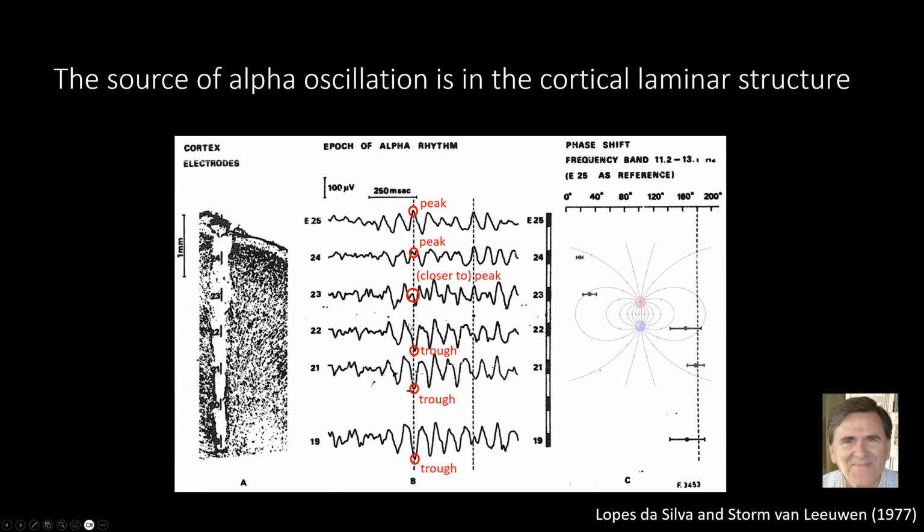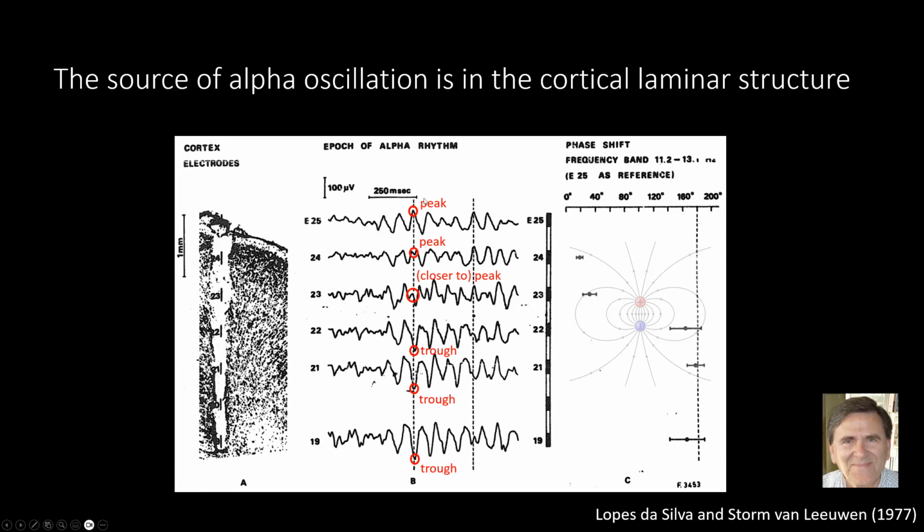The same author, Lopez da Silva, also found in different papers that the source of the alpha oscillation is in a cortical laminar structure. What he did here is he used depth recordings, and this needle electrode is maybe 3 or 4 millimeters in length and penetrates the 6 layers of the cortex. In the superficial layers, the electrodes show the peak along this axis, but this peak gradually shifts its phase to become the trough.